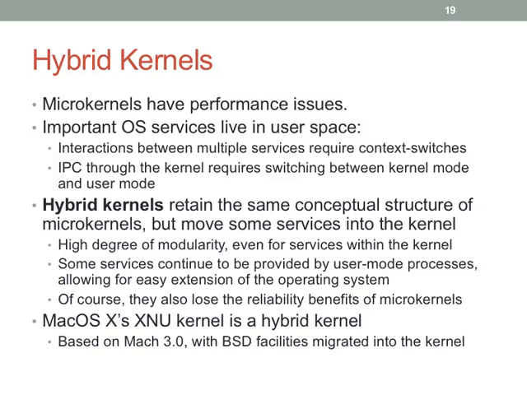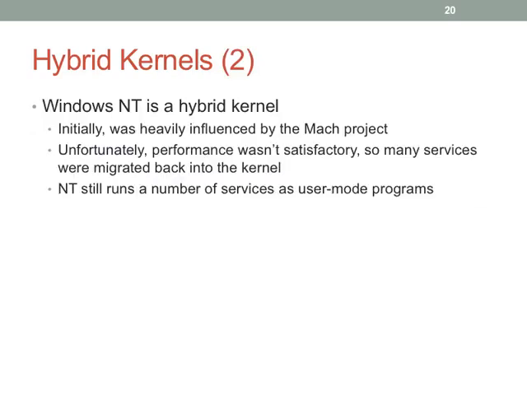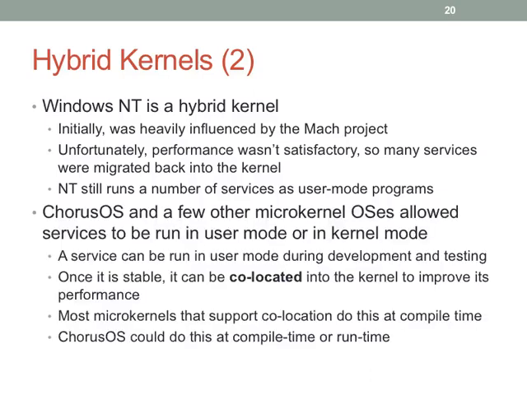So basically, we'd love to have these facilities outside, but we have to migrate them into the kernel to make things fast enough. Same thing with NT. So when NT was being designed, CMU Mach was well underway, and they tried it, and it's like, oh, this just isn't fast enough. So they started migrating things back into the kernel.